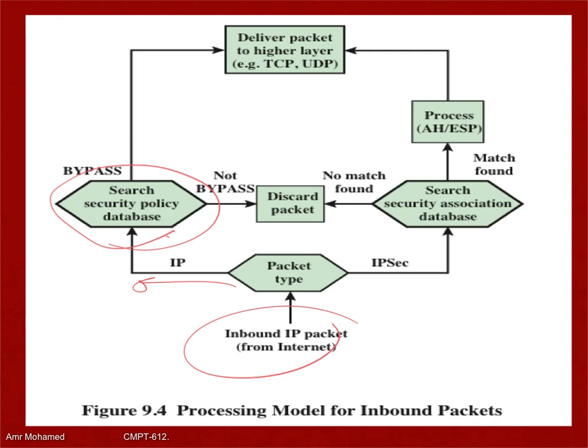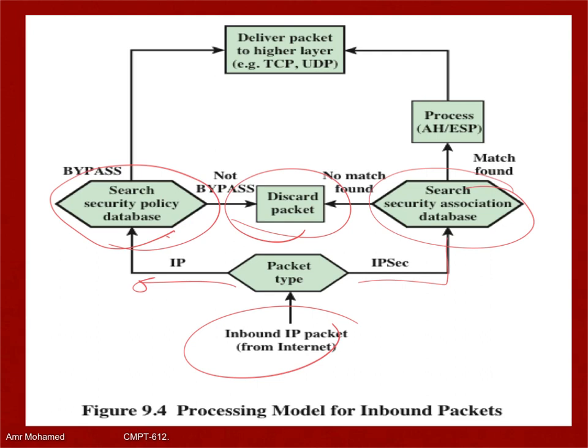If not, then we discard. Why? Because this traffic might be injected from outside. So we have to make sure that there is indeed a security policy match, and indeed the action for it is bypass. If it's IPsec, then we search the security association database.